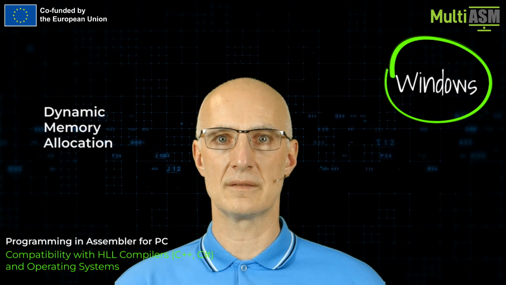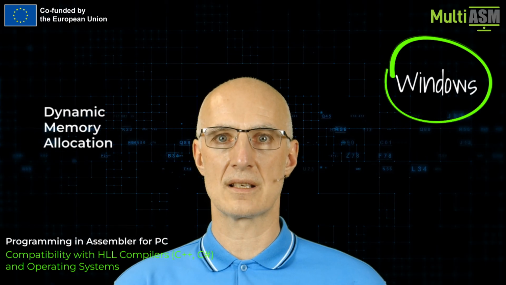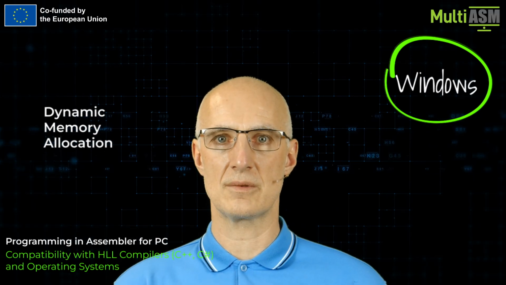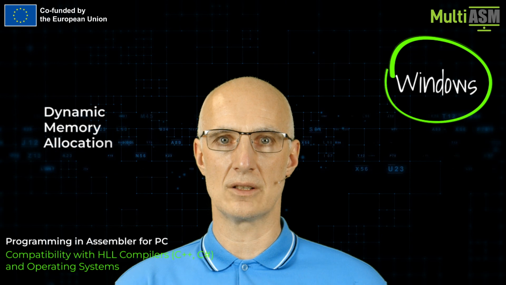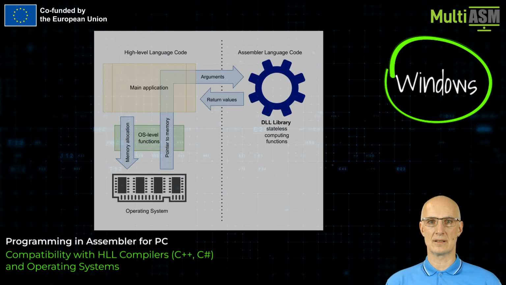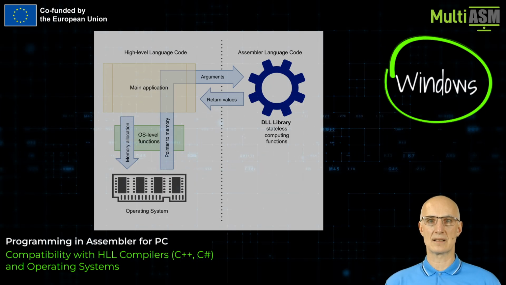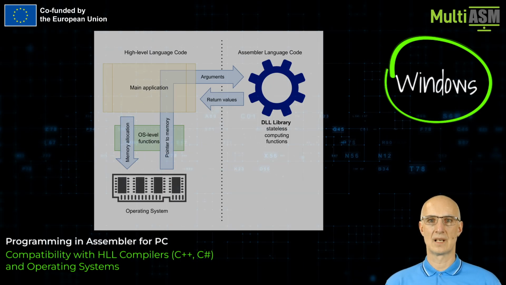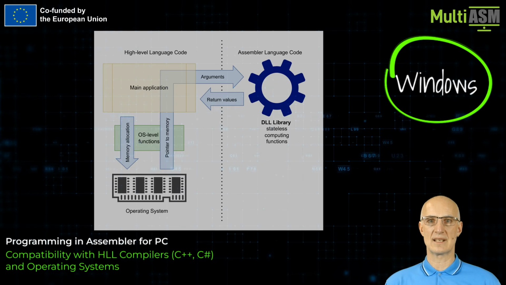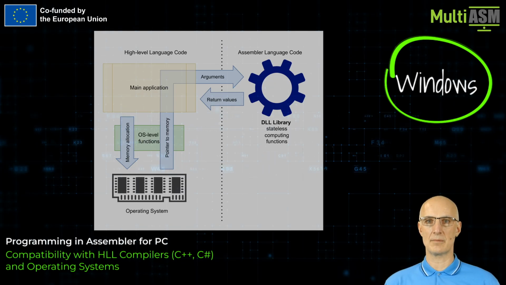At the assembler level, dynamic memory management is troublesome and requires operating system level functions, which in turn involves Windows API calls. It is very inconvenient, so a common programming pattern is to allocate memory in the high-level part and pass it to the assembler code. Assembler code is commonly stateless and performs atomic operations on data passed from the calling application.